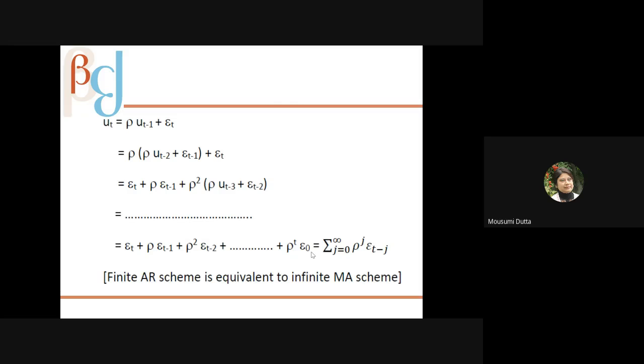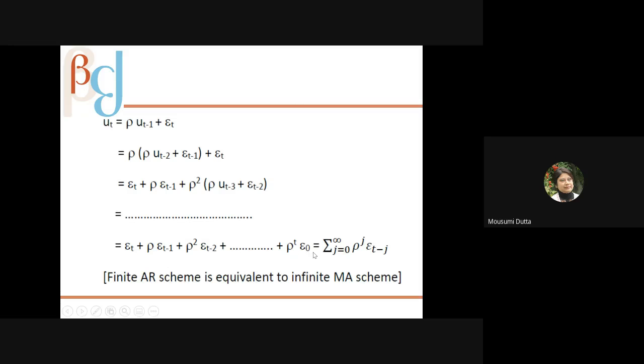Actually, we need to convert the AR1 process to the MA infinity process to understand the consequences of serial correlation. With the MA process, the advantage is all these errors, epsilon t, t minus 1, t minus 2, etc., are classical errors.